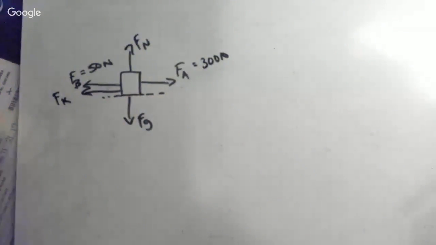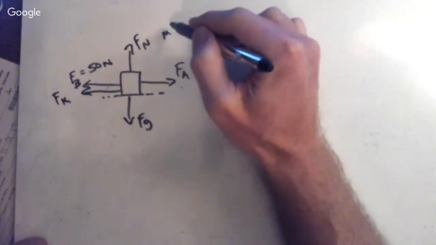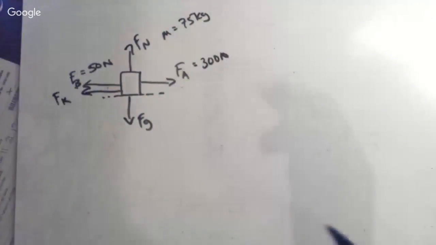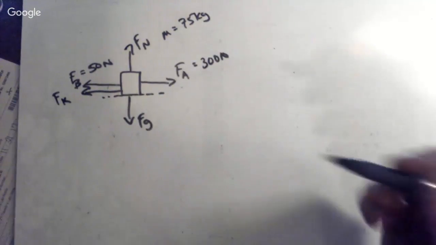Let's say this is our last thing. I'll take any quick questions during this problem, but I got to get going in about 5 to 7 minutes. So let's get going. Let's say the mass of our box is 75 kilograms.